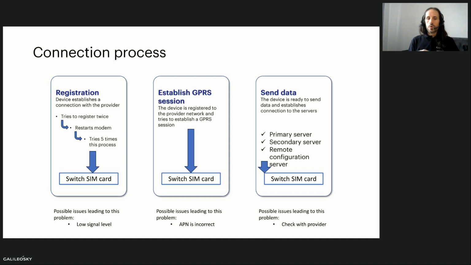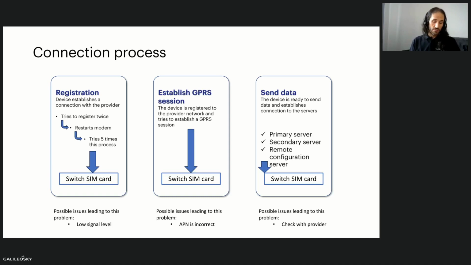Okay, what's the main problem that you will find when the device tries to register and is not able to do it? In general, it's because of low signal level. It can be, as I told you before, because the card is not active, or maybe it was disabled for some reason by the provider.